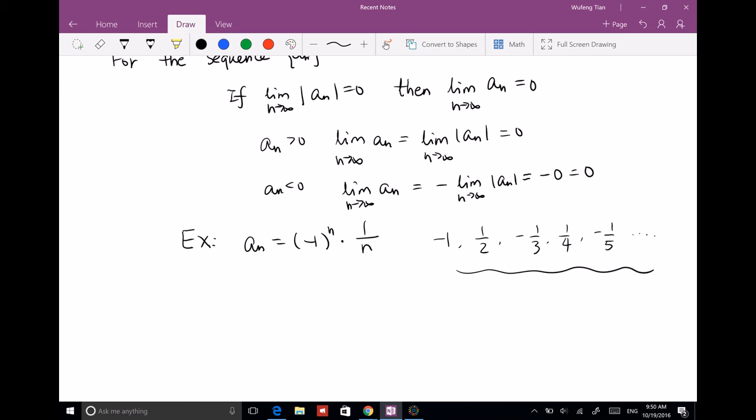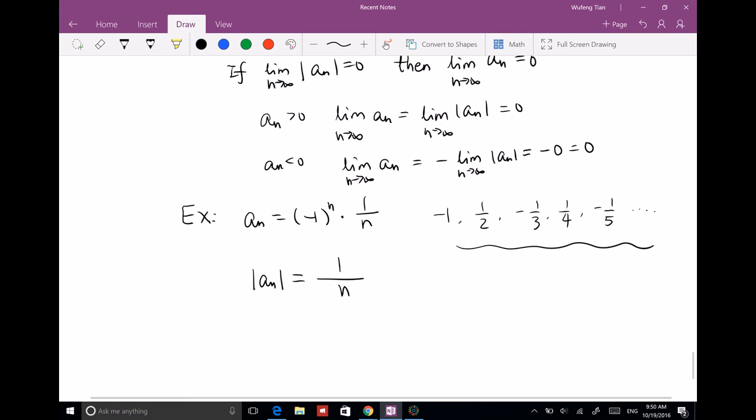What can I do? Can anyone tell me what the absolute value of a_n is? I'll just do this one very quickly. When you add absolute value, the negative 1 to the power n goes away and you're left with just 1 over n. Make sense, everyone?